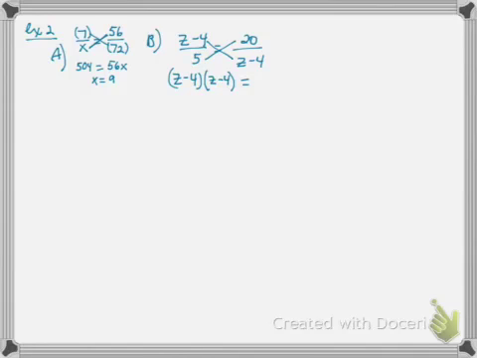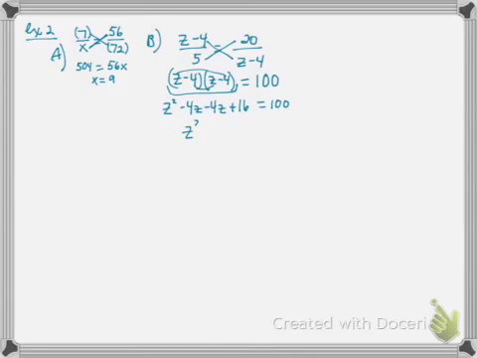Then on the other side, I'm going to write what 5 times 20 is, which is 100. This left side, when you FOIL, the first term is z squared. The outer term is negative 4z. The inner term is negative 4z, and the last term is 16. All of that is equal to 100.